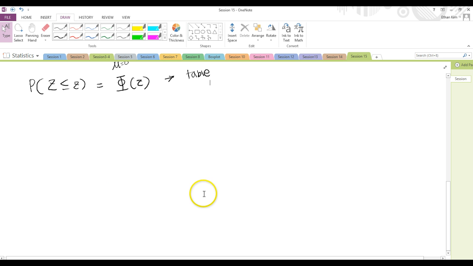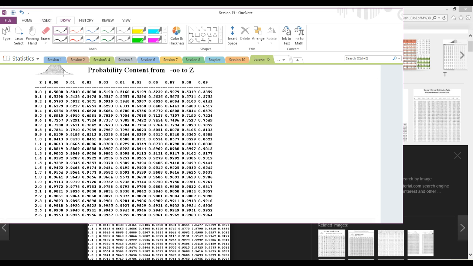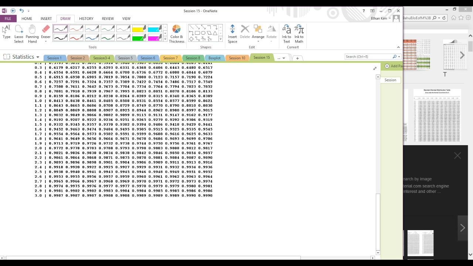Let me just pull up the table. This is the normal distribution table, and this is the standard version, the standardized normal distribution.